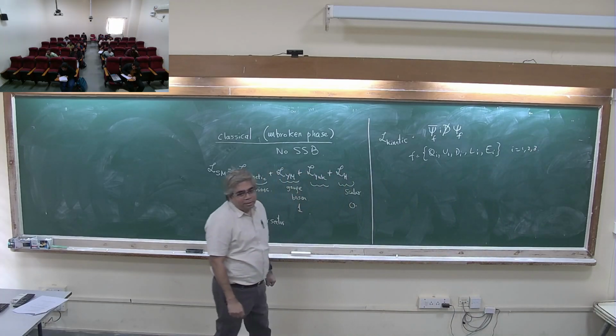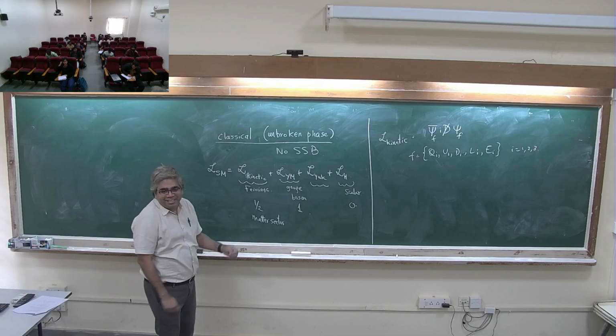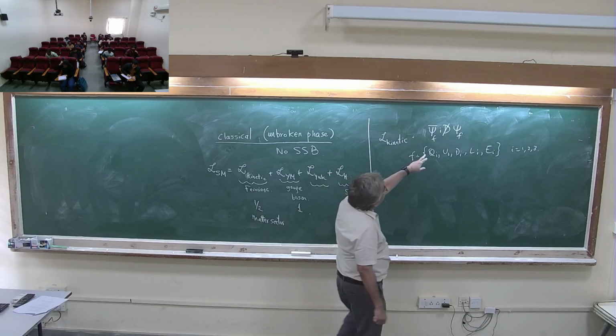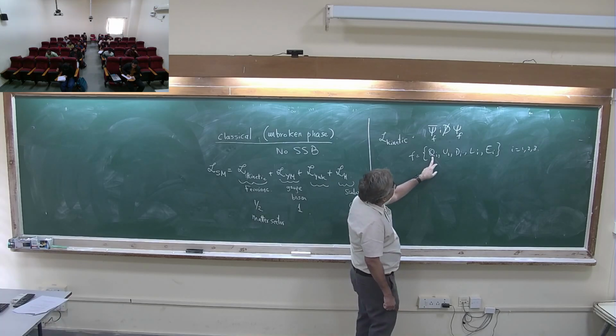This is a very compact notation. This is your t-shirt notation, so that you can put it on a t-shirt. What it tells you is that all the fermions have a kinetic term, which contains all the fermions here.